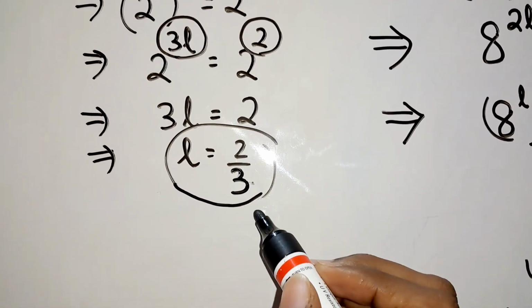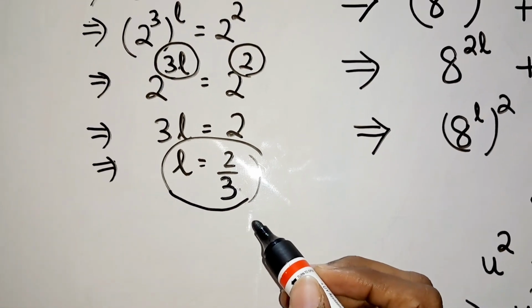So we got L = 2/3, by taking u = 4 because u is positive.